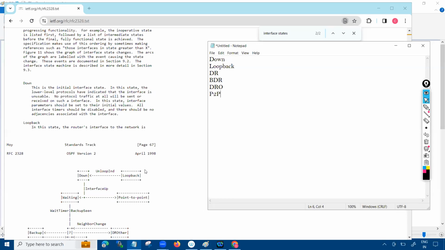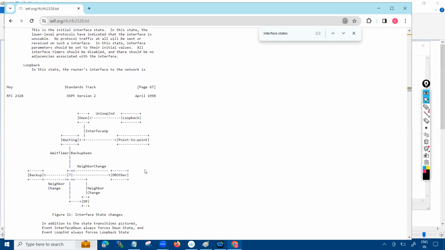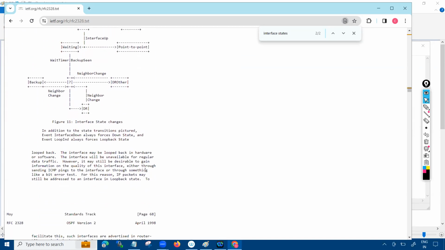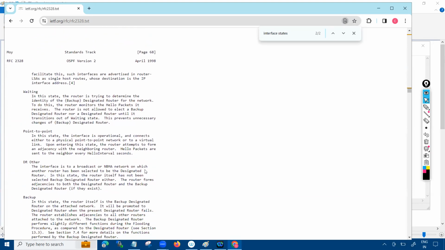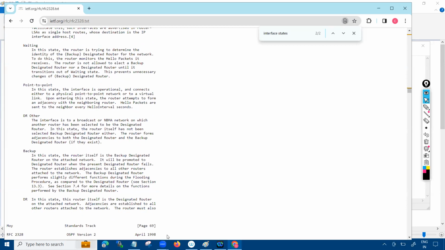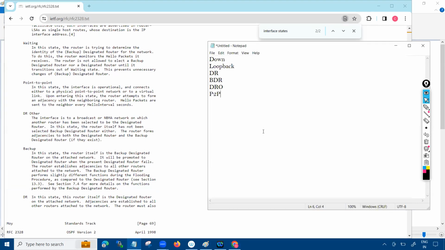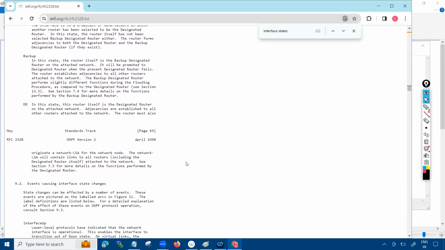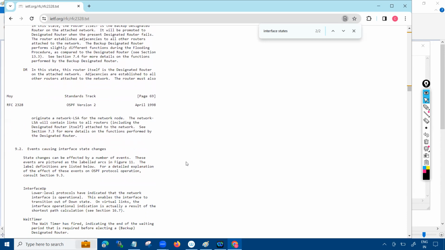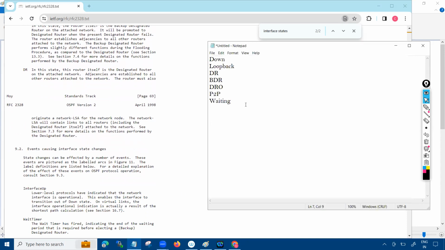Anything else? Waiting, yeah. Waiting, DROther, backup and DR. That's all. So these are the states we have, and that's called the interface state.